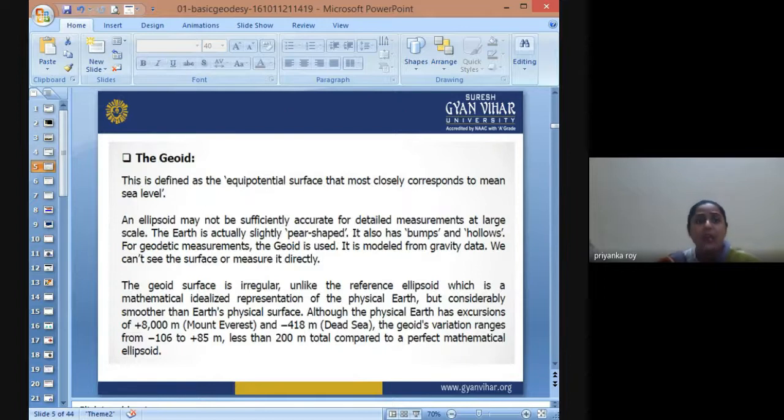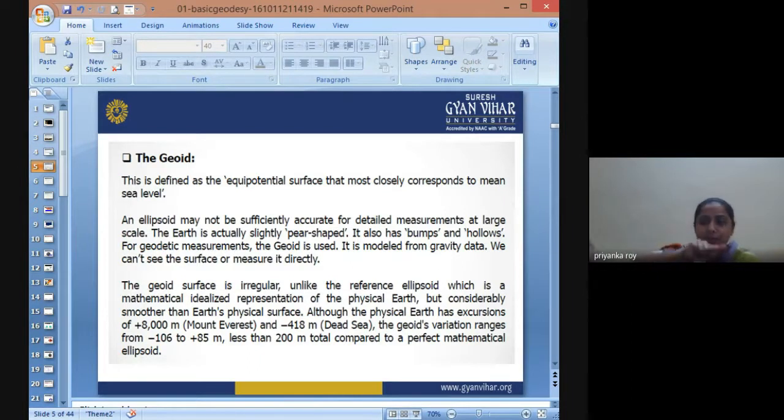Now, the geoid. What is the geoid? It is defined as the equipotential surface that most closely corresponds to the mean sea level. When you take the mean sea level and try to shape the Earth based on it, there can be areas of depression, where a land feature goes below the mean sea level, but the geoid will go along that path only.